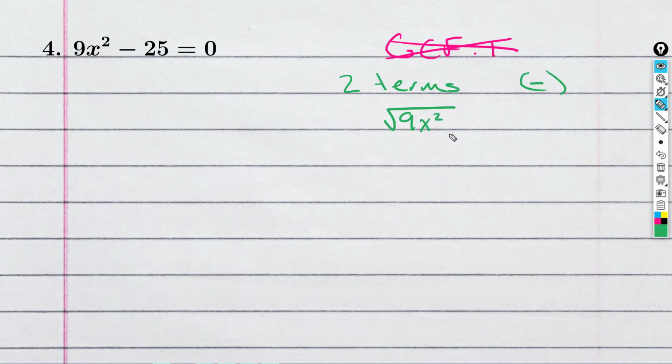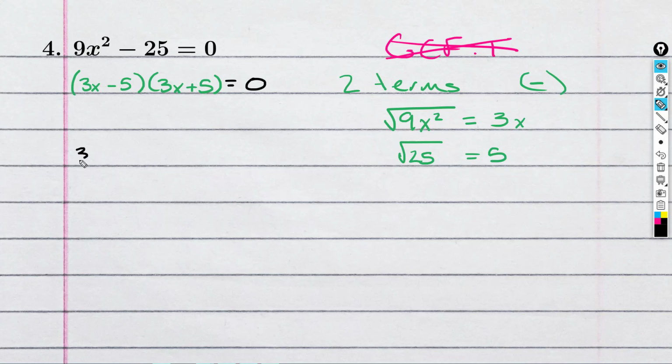So 9x squared, square root of 9 is 3, square root of x squared is x, and the square root of 25 would give me just the 5. So I have 3x minus 5 and 3x plus 5. And then that's equal to 0.